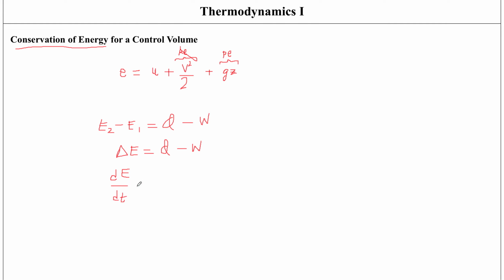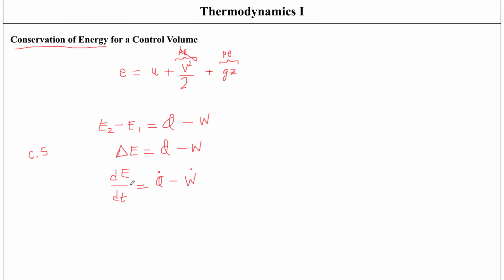And on the right-hand side, we know that derivatives can be written in terms of dot, so I could write this as Q dot minus W dot. So this is what we saw for a closed system. This is applicable for a closed system, okay? Right now we haven't talked about a control volume. We need to convert the same expression for a control volume.